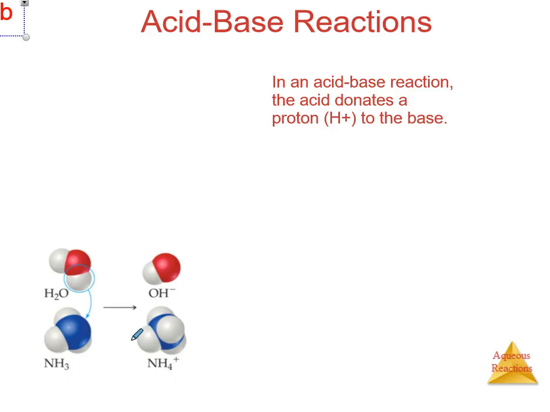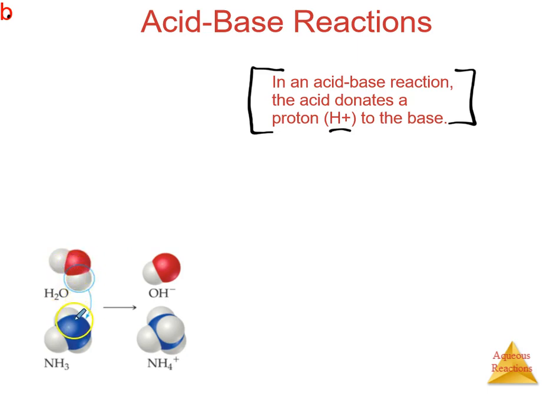We already talked about acids and bases a touch, but make sure that you know this. In an acid-base reaction, the acid, which is a proton donor, donates the proton to the base, which is the proton acceptor. You can see this picture real quick. We're not going to stress a ton about that yet, but we have a whole different chapter on this.